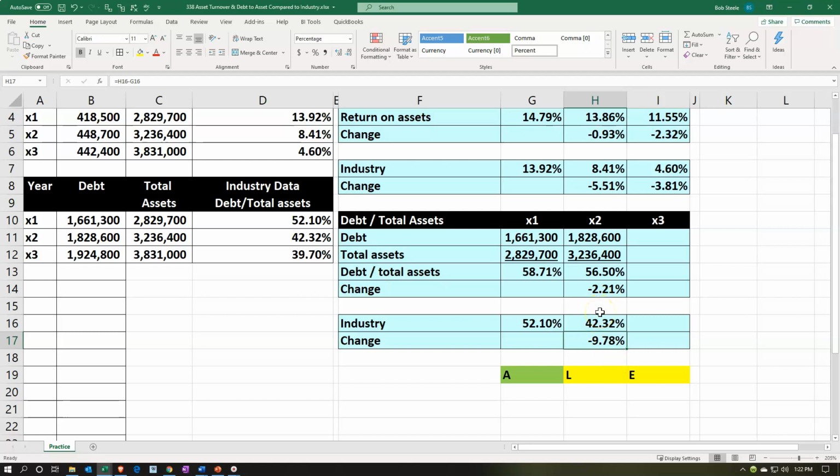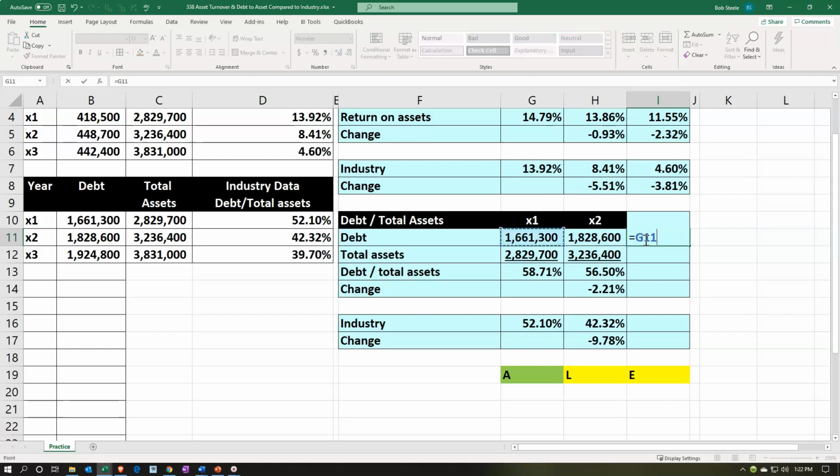So the industry is kind of looking better in that the industry, in other words, is in general less leveraged at this point than the company is at this point. And again, you've got to be careful how much leverage, how much debt you've got that has claim to the assets, right?